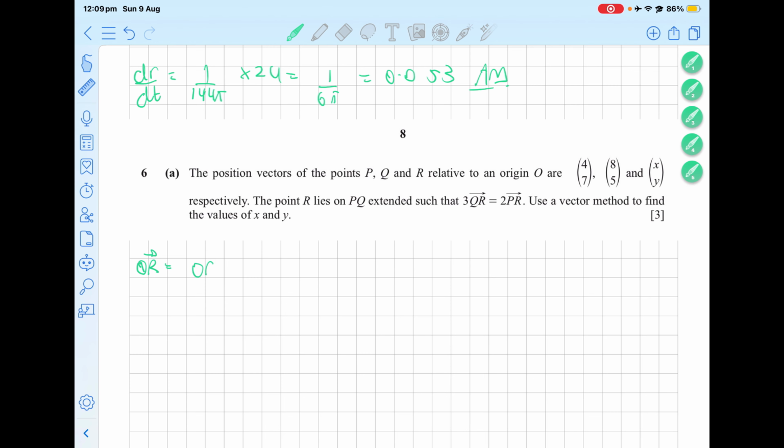So OR is going to be equal to QR plus OQ, and then for PR, we can find QR, which will be OR minus OQ, as I said from before.